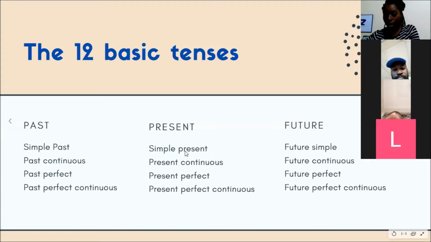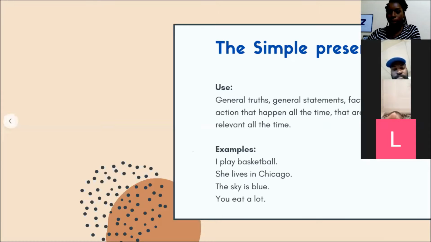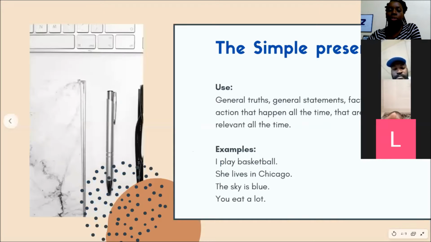The first one is the simple present. As you may know, the simple present is used to talk about general truths, general statements, facts, habits, actions that happen all the time, or that are true and relevant all the time.